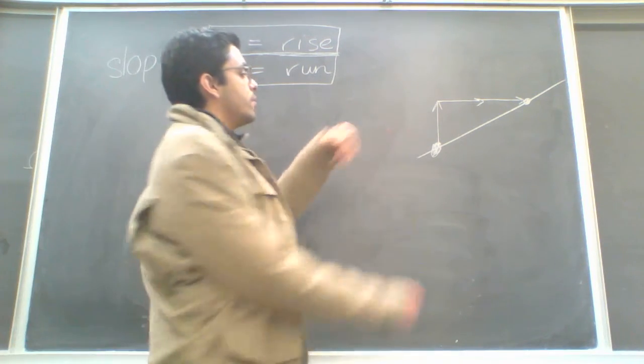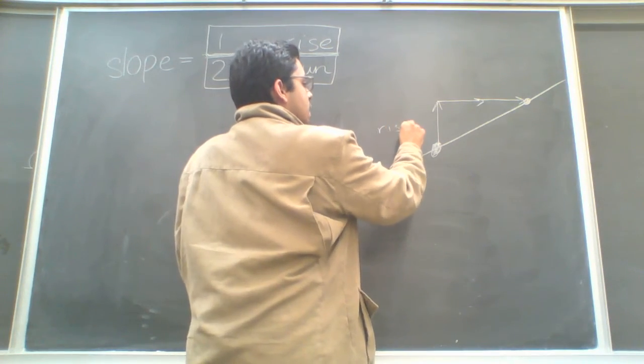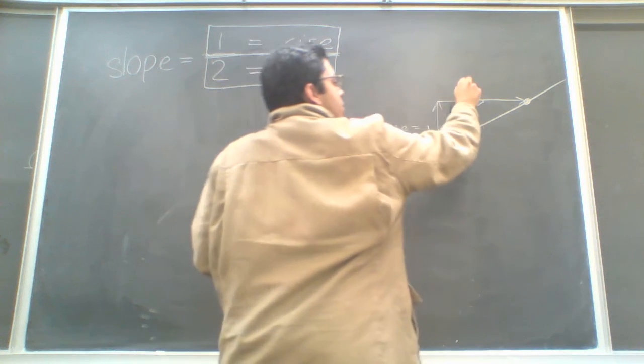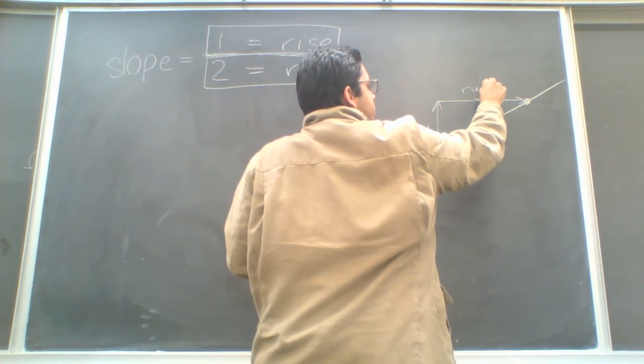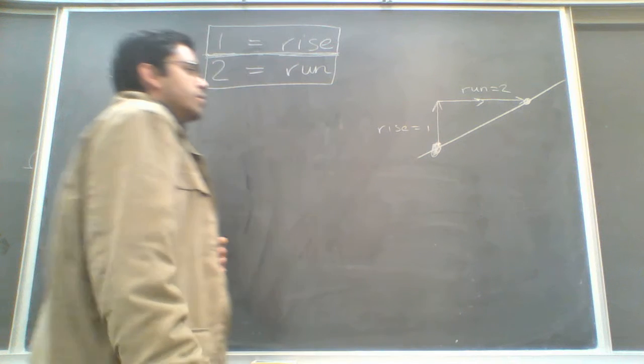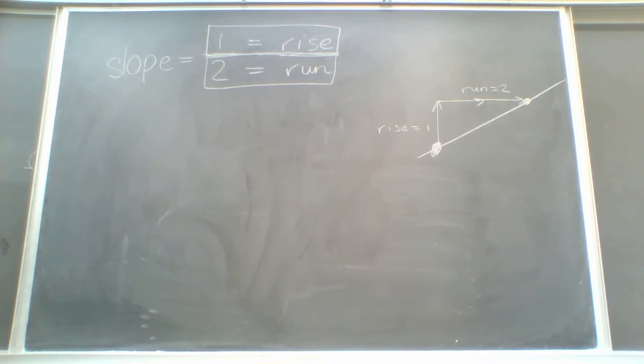You go up 1, that's your rise is equal to 1, and you go to the right, that's your run is equal to 2. No problems there.